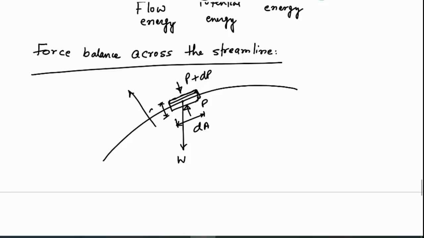The length in this direction is dn, and then you can also put this theta here. Theta is the same angle. This is dz, and this is your dx.